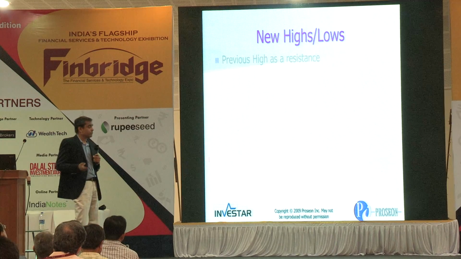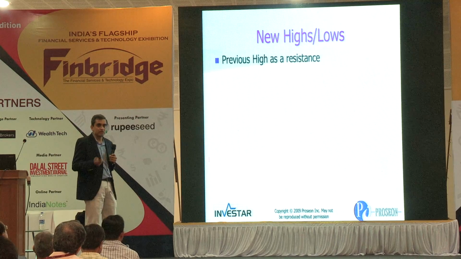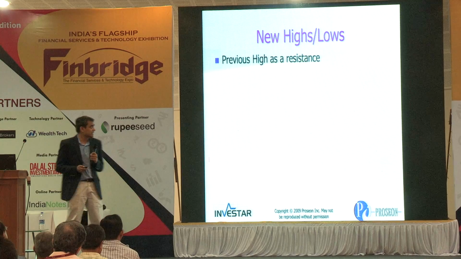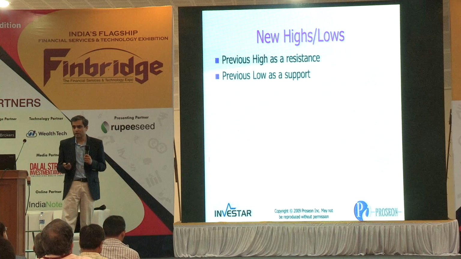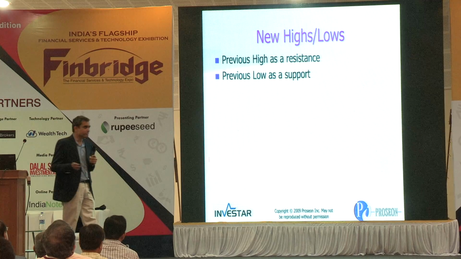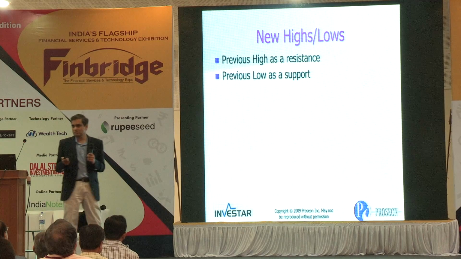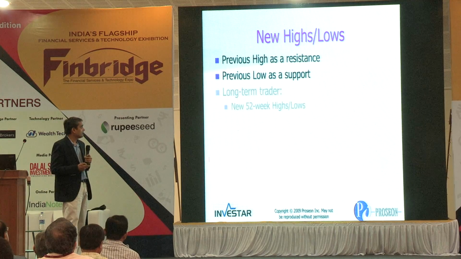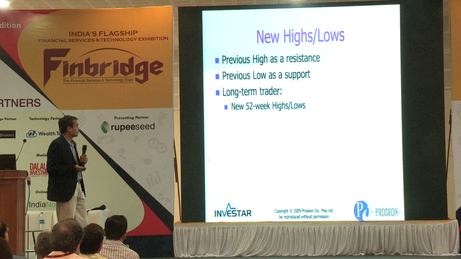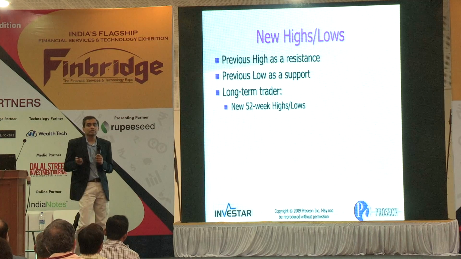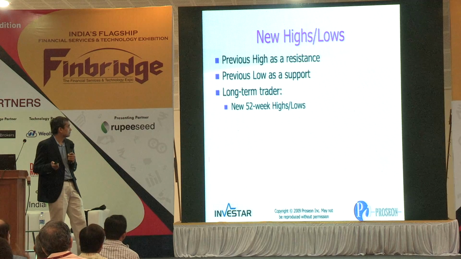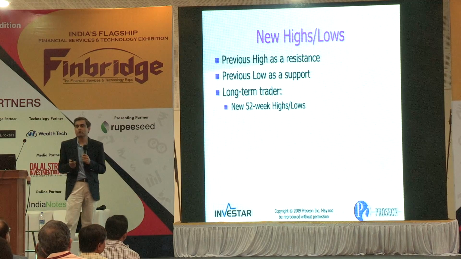The other thing that people use as a way to trade support and resistance is that if a stock is making a new high, for example, it is acting as a resistance. And if a stock is making a new low, it becomes a support. So you can use a new high and new low also as support and resistance, but what you use depends on what type of trading you're doing.